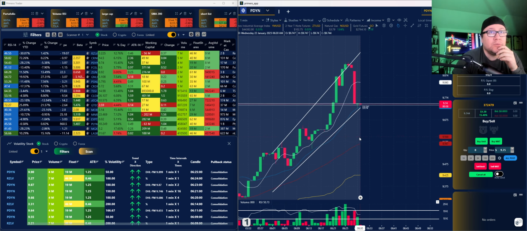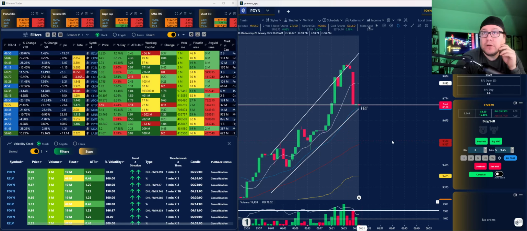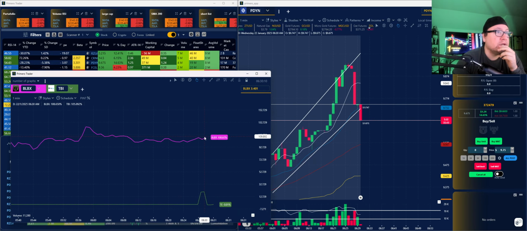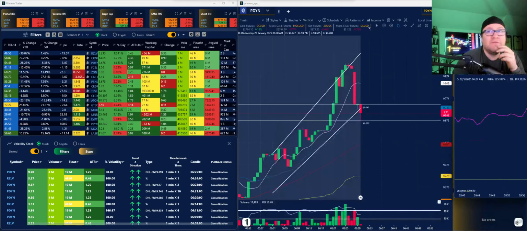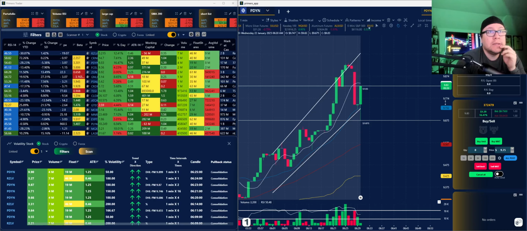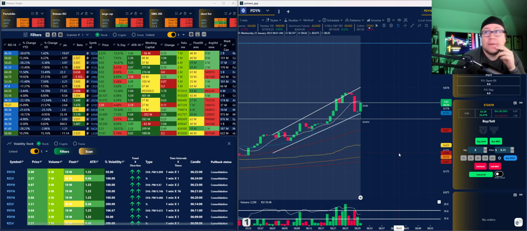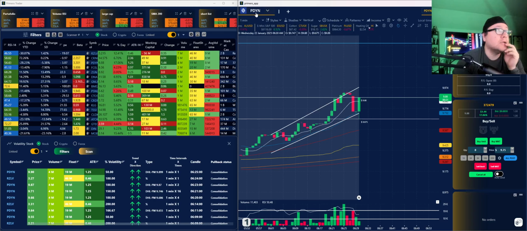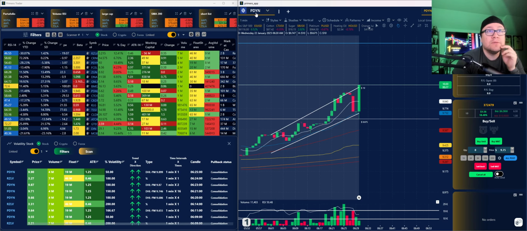So the market just opened, and we are gonna see. Well, here's what I was talking about. We can see BLBX and TBI pulling back. If we have more, then this is where you can go and get them. I usually let the first minute go, just to get a better understanding of what could happen.